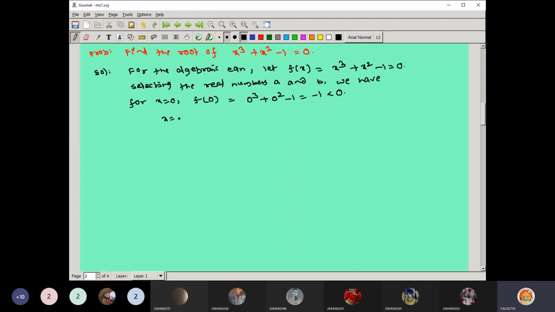Similarly, for x equal to 1, f of 1 is equal to 1 cube plus 1 square minus 1, so 1 plus 1 minus 1, the answer is 1. Is it positive or negative? Positive. Because you are getting opposite signs, therefore you can say that a is equal to 0 and b is equal to 1.